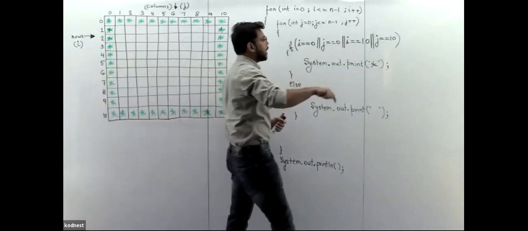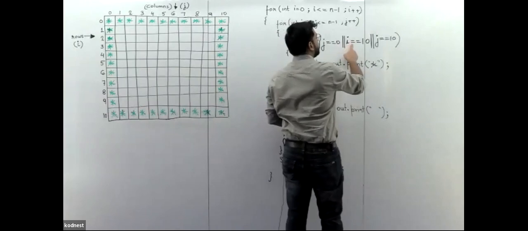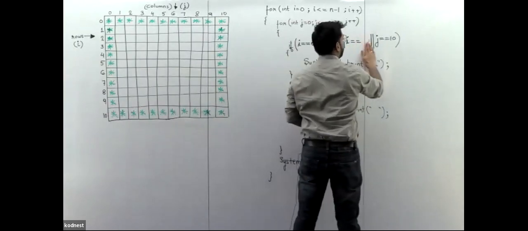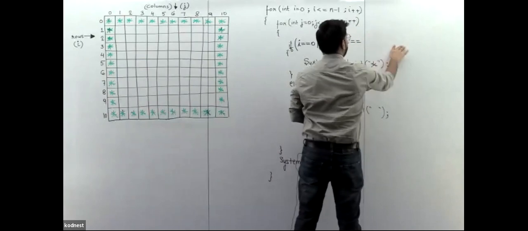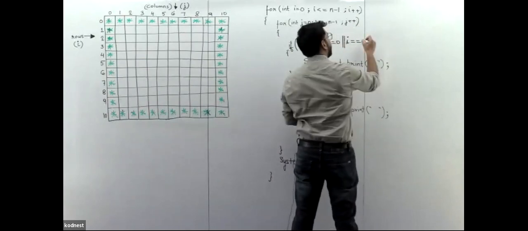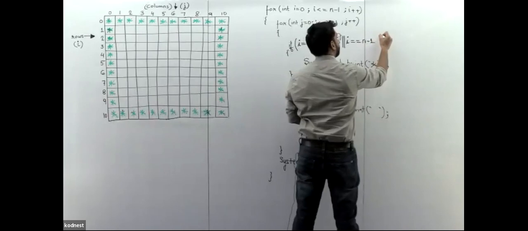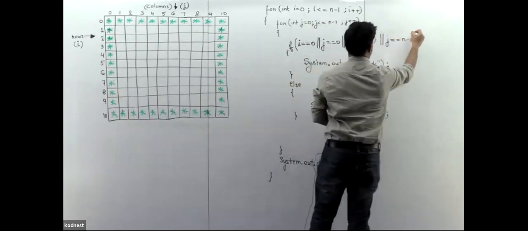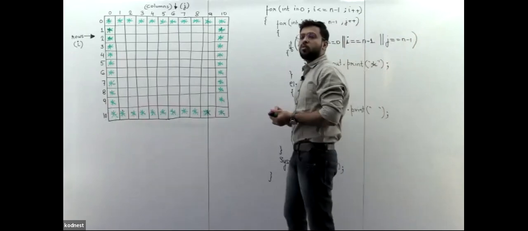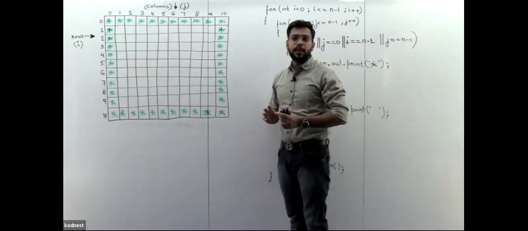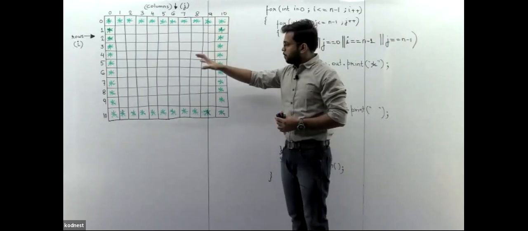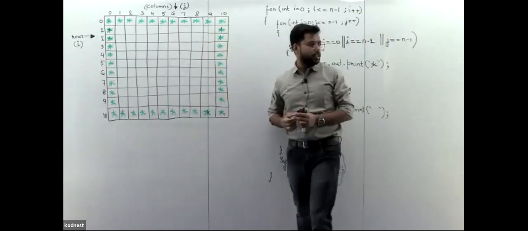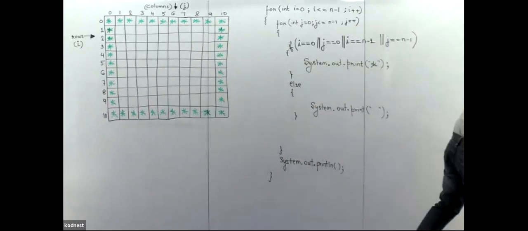So again here also I have to tell, if i is equals to 10, we have replaced 10 with n minus 1. Here also I should replace it by i equals to n minus 1 or j equals to n minus 1. Now whatsoever n value will be, the shape which we will be getting will always be this. Let us check this first in the Eclipse.